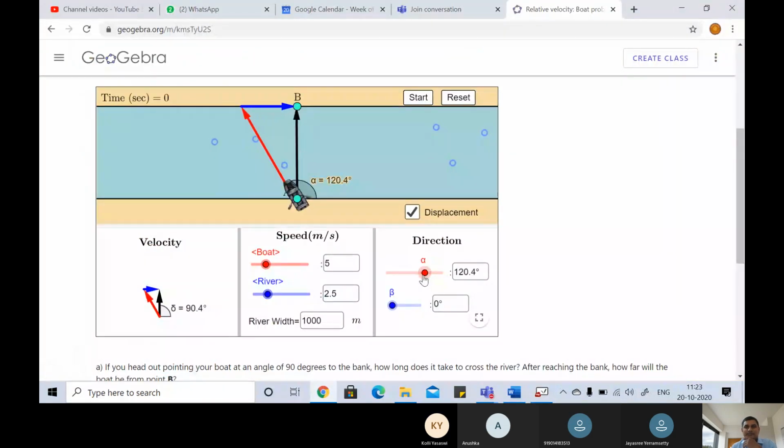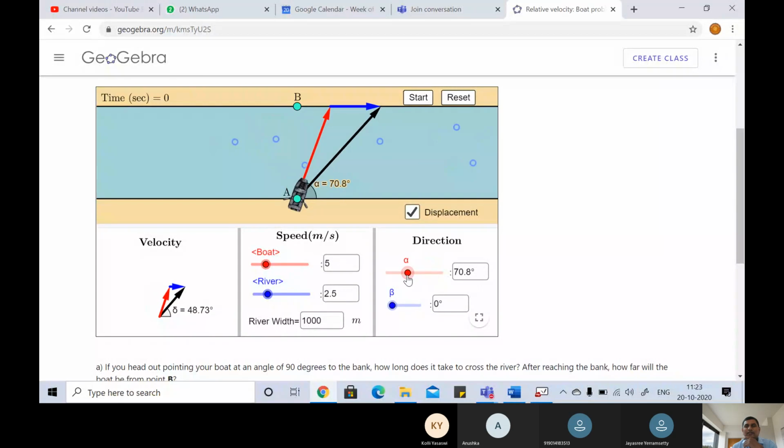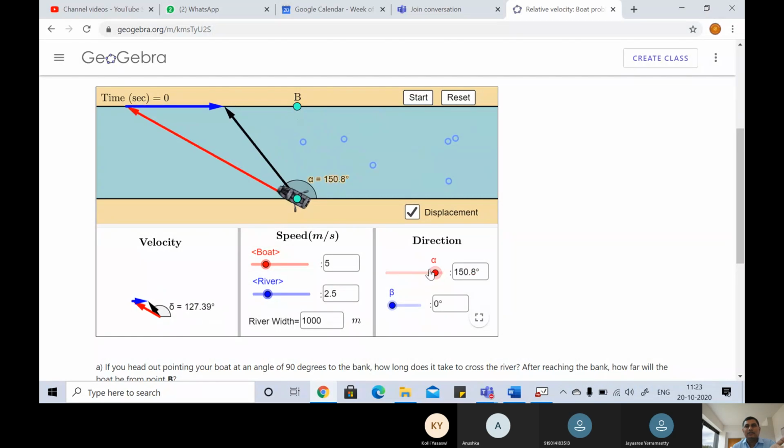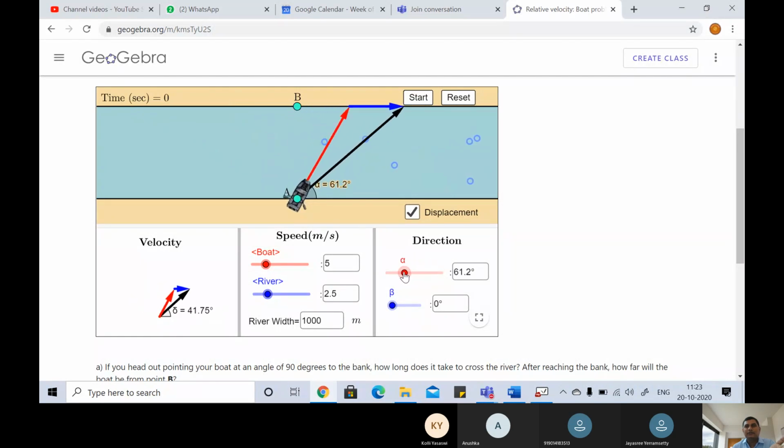Third one is this one. He is pointing. Initially he pointed towards the left side. Now next one he's pointing towards the right side.